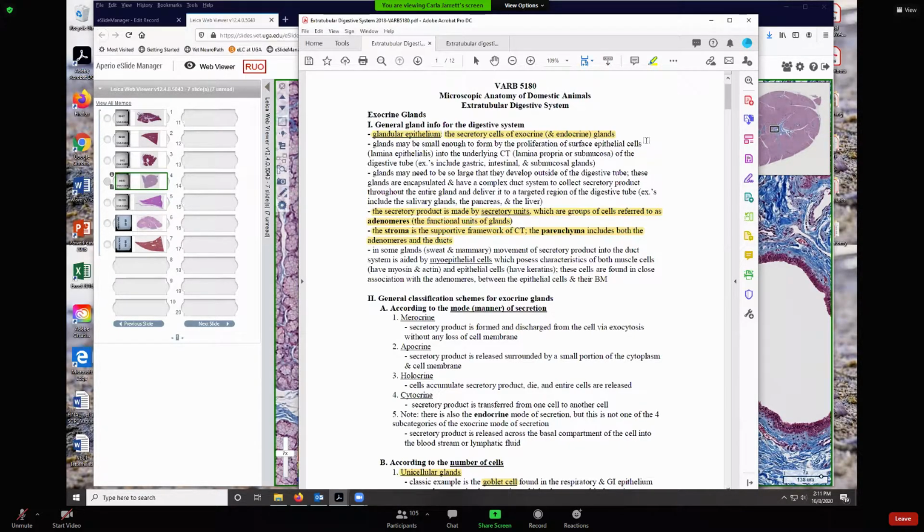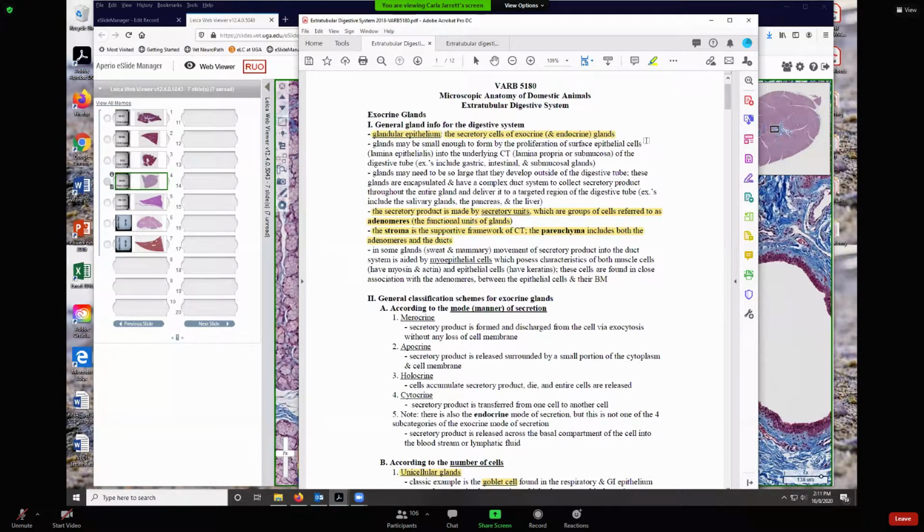Now, these epithelial glands are so large that they have to have a duct system to help them get their secretion back into the lumen from which the whole gland originated. And not only do they have to have a duct, but they have to have a duct that branches to get to all of the little secretory units within that gland. That branching word, we use compound.